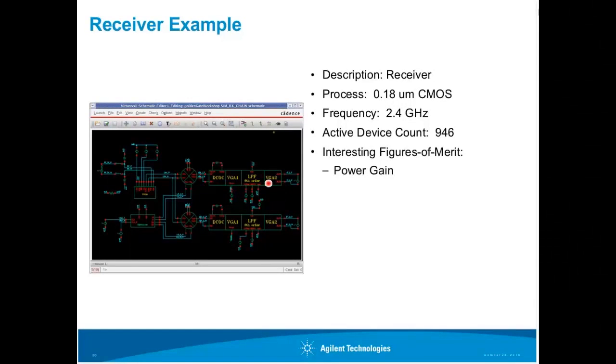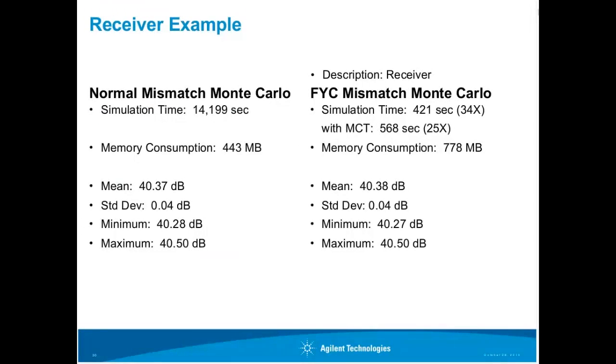So we're going to compare, again, the performance of these two tools. Now we can see the problem, as we stated early on, especially when you get into harmonic balance, of the simulation time. This simulation, to do 1,000 runs for this receiver, took 14,000 seconds, which is about 4 hours.